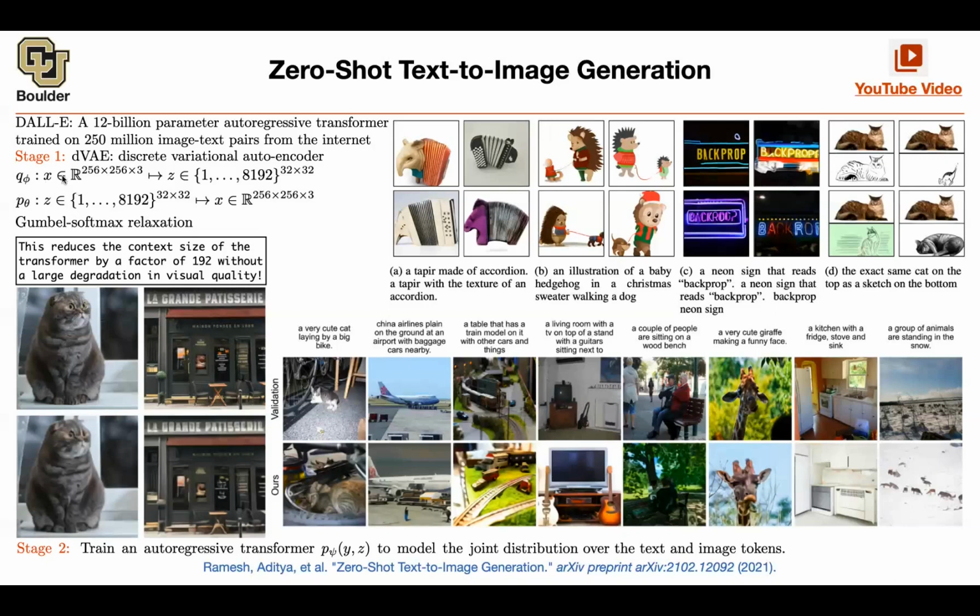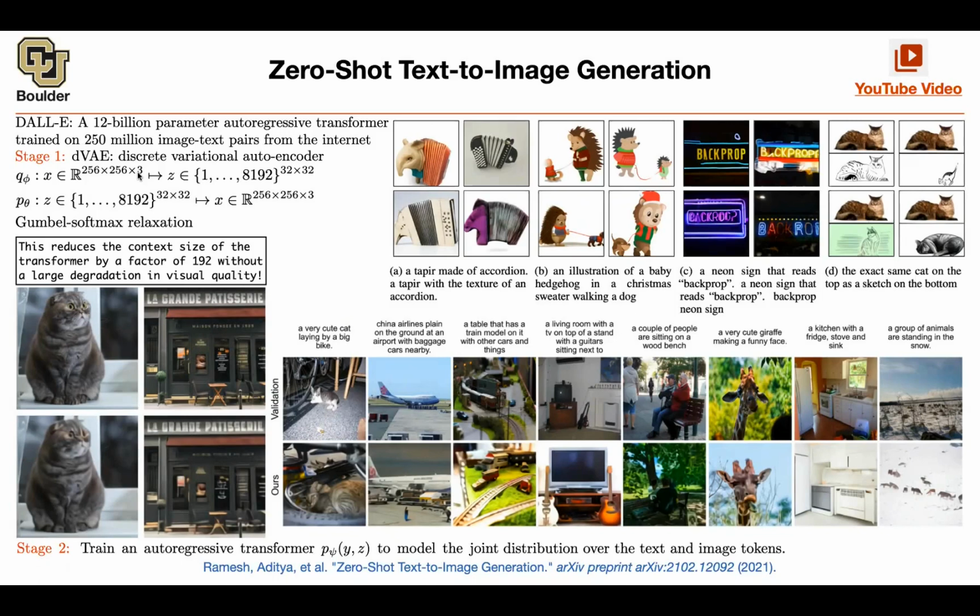But anyways, you are able to quantize your images, but that's going to end up being a high resolution. Here you're going to have values from 0 up until 256, over 256 by 256 by 3. And it's going to end up being a very long sequence once you flatten it.